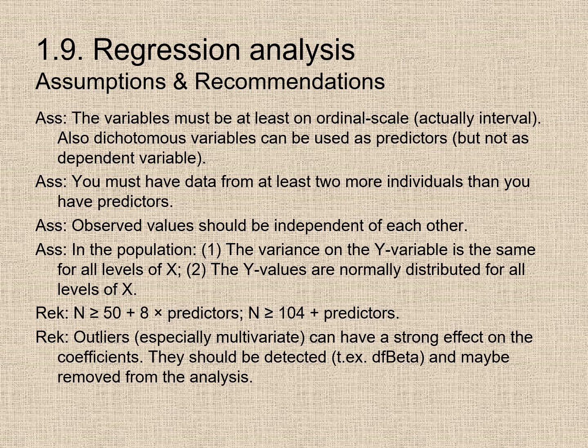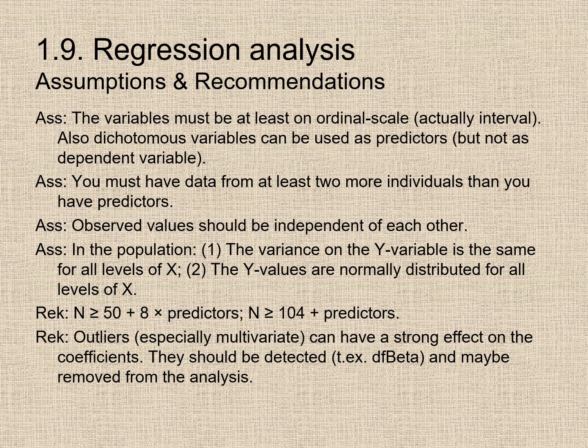We have assumptions here about the variables: that in the population, the variance on the dependent variable is the same for all levels of the independent variable. And also that the values on the dependent variable are normally distributed for all levels of the independent variable. So what we want is for it to look something like this.